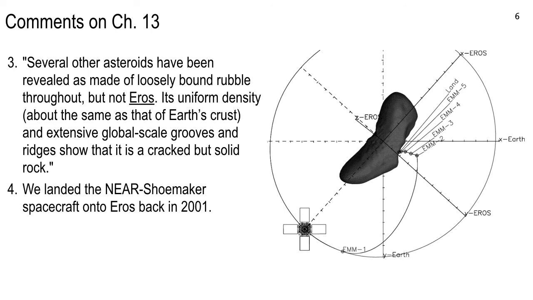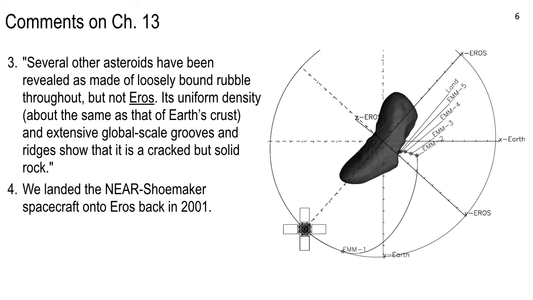But the NEAR Shoemaker spacecraft was just designed to orbit, and it did a great job with it, relaying back all that data. But then they decided, let's give it a shot. When you orbit an object shaped like a potato, you have to map out the gravitational field inch by inch, foot by foot, for every orbit.